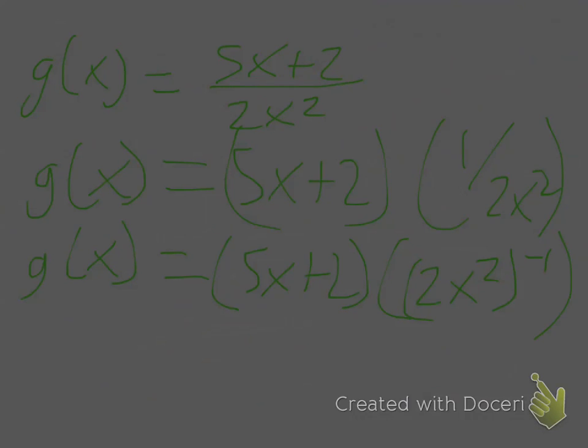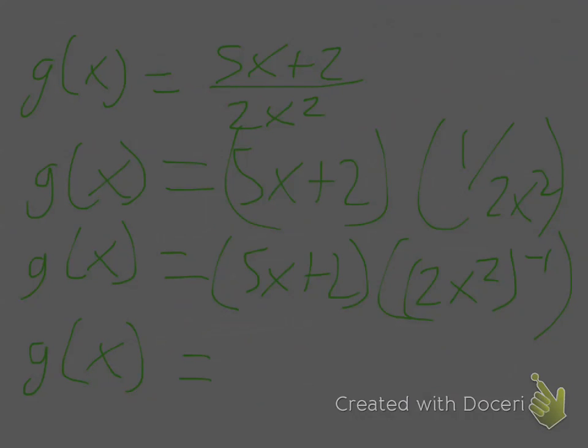Now what's 2x squared to the negative 1? You can actually solve that. You can multiply exponents across, do cool stuff like that.